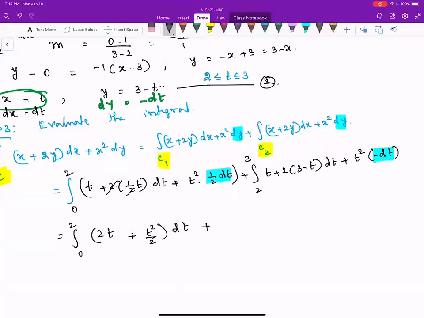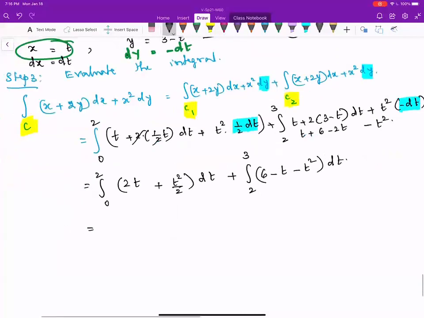Then for the second one, it is integral 2 to 3. This will be 2t plus 6 minus 2t. Then we have minus t square. So if I simplify, I'll have 6 minus t square dt.